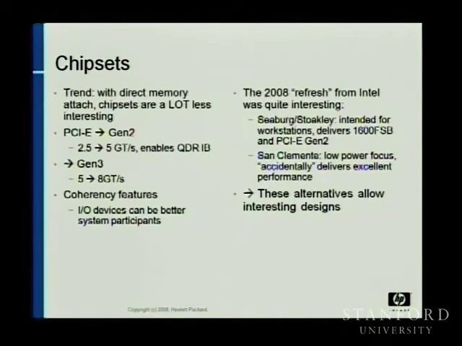So instead of fully buffered DIMMs, they use DDR2 and DDR3 memory, and they wound up reducing bandwidth in a way that didn't matter and reducing latency in a way that really did matter. And so the end result is that performance is about the same at a lot lower power consumption. So we've had an interesting mid-cycle refresh of putting out San Clemente servers just because their performance per watt has been so good.